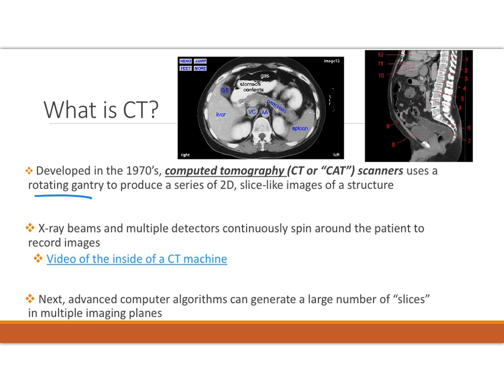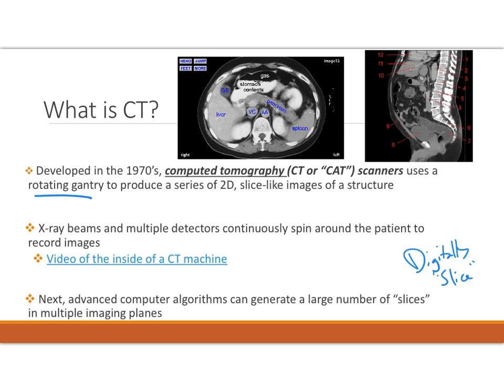It uses a number, basically, of X-ray machines that rotate around the body so that we can take a whole bunch of X-rays quickly, and then a computer will compile those X-rays into a better image, so to speak. So you basically get this spinning set of X-ray beams and detectors. And what it allows us to do is sort of like digitally slice the body.